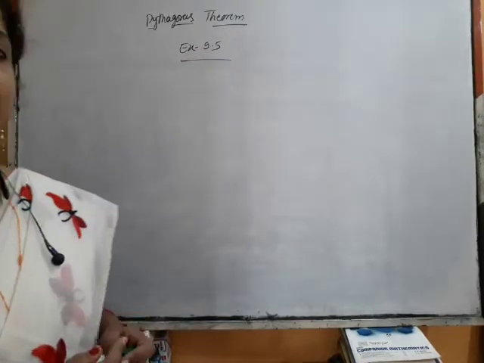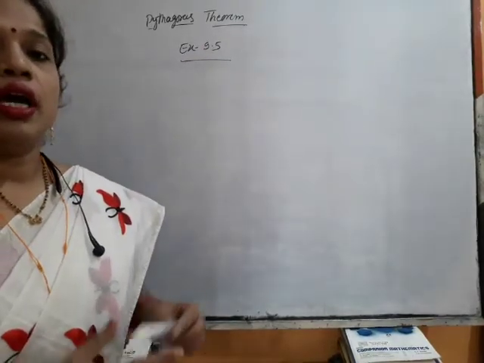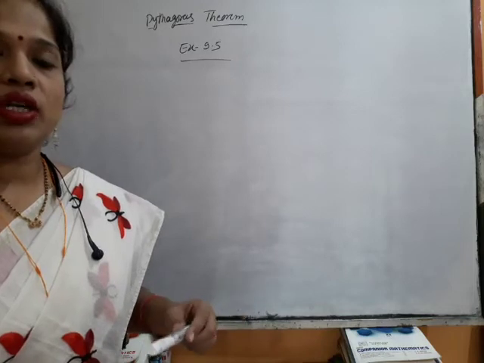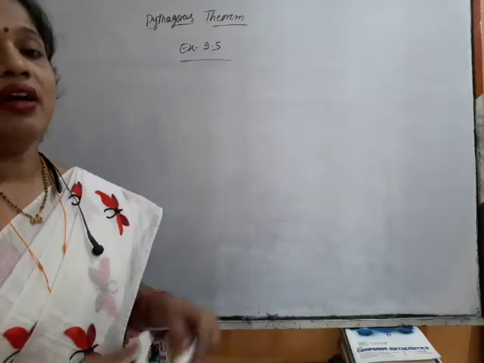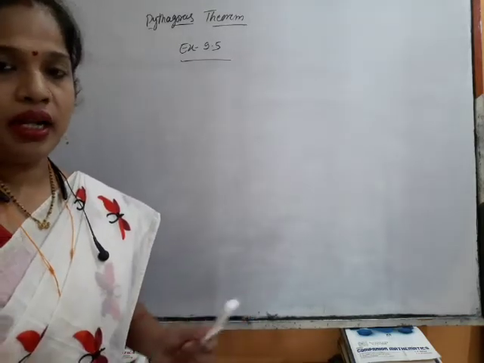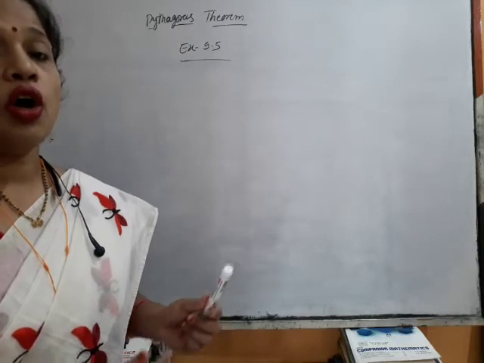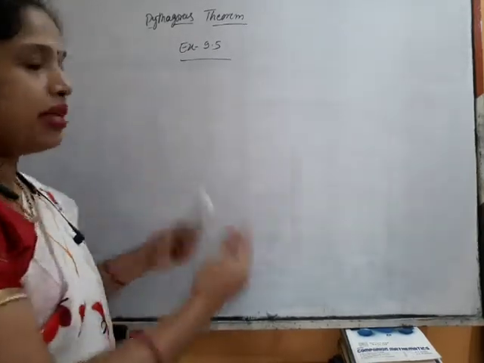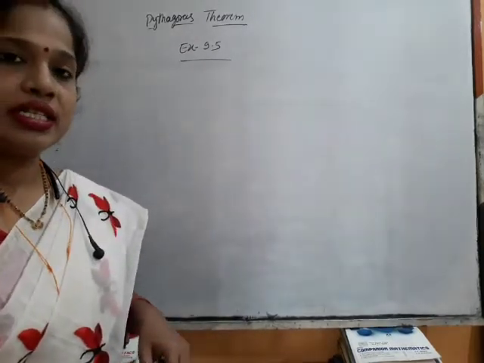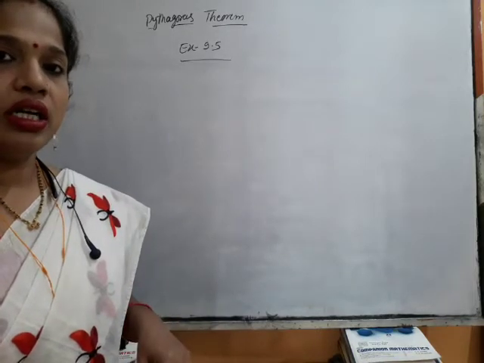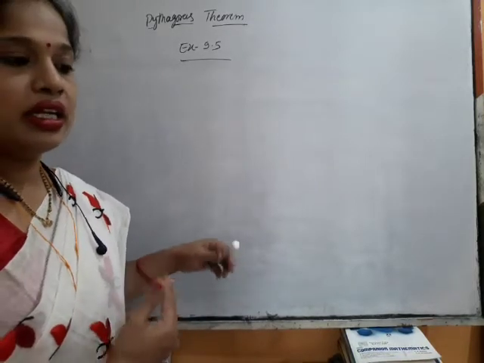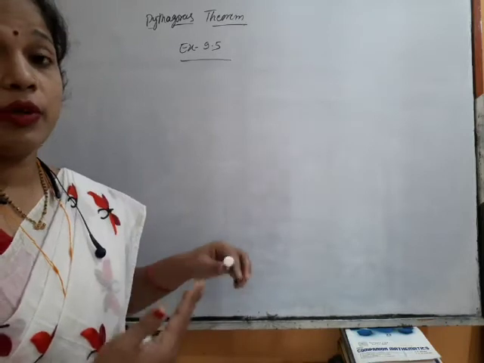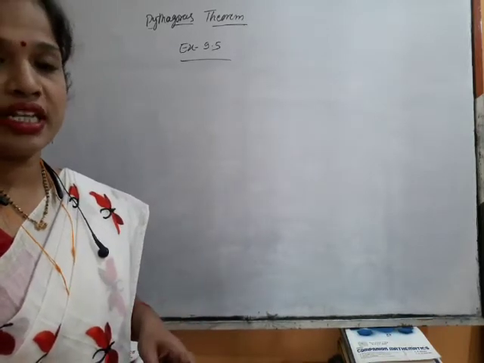Students, in exercise 9.5, before the Pythagoras theorem statement, there is the statement of the similar triangle which relates the right angle triangle, and the result of that will be used in the questions of exercise 9.5.